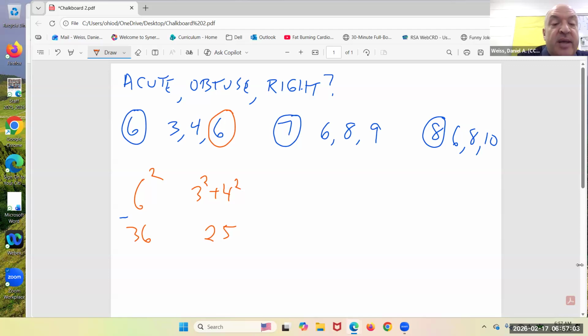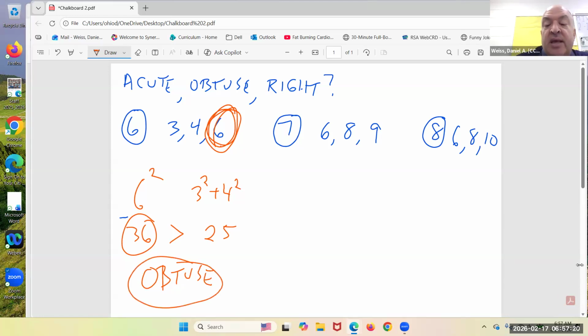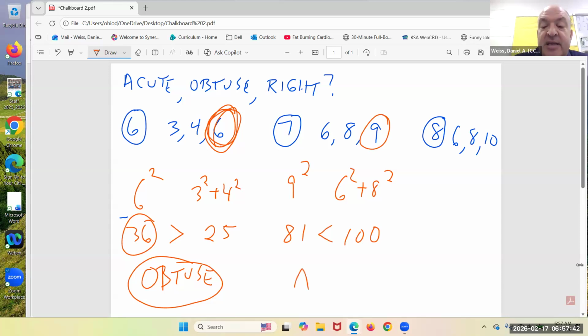So if the biggest side squared is greater than the other two squared combined, then it's obtuse. Done. Here, 9 squared is 81. And you do 6 squared plus 8 squared. 6 squared plus 8 squared is 100. So 81 is less than 100. If it's less than, it's acute.